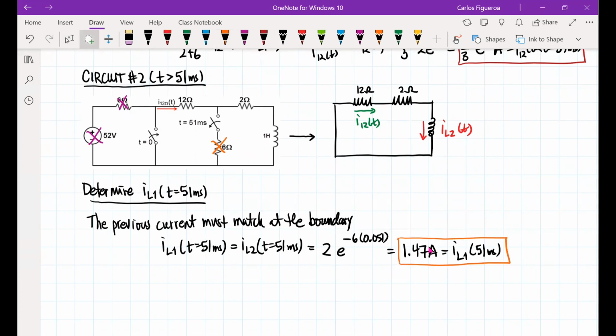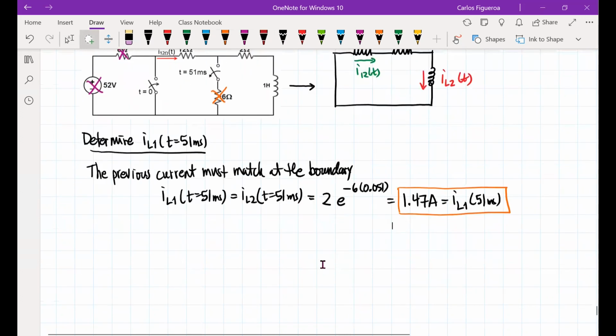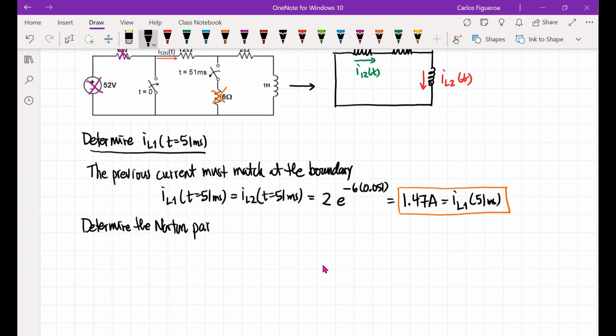So then the next thing that I got to do here, sticking to our process, we want to determine the Norton parameters at t equals 51 milliseconds, and I'll put a plus there. So here we go.